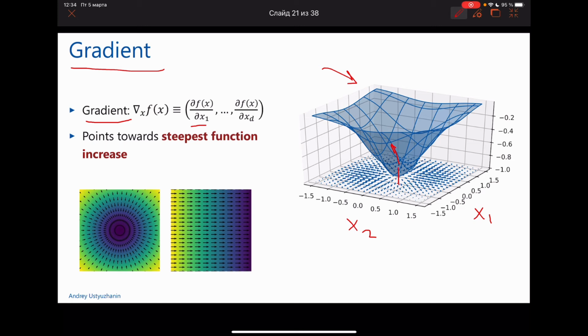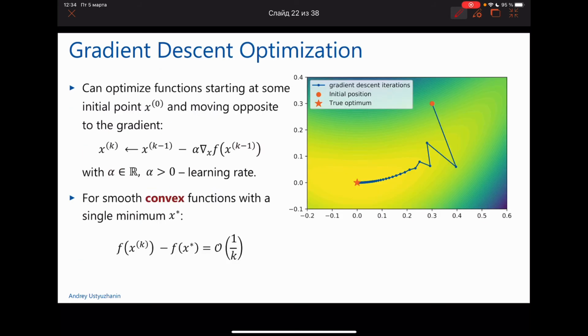And this is basically it. So if you want to find a minimum, you just want to follow the opposite direction. So this is where gradient descent optimization comes from. So we can optimize a function starting at some initial point and moving in the direction opposite to the gradient.